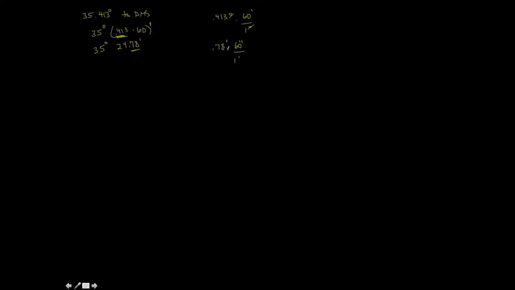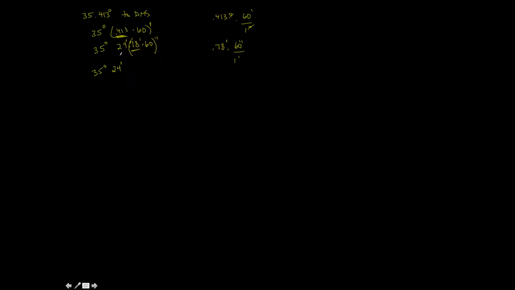So just multiplying by 60. And that's going to change it to seconds. So now we have 35 degrees, 24 minutes, and 0.78 times 60.